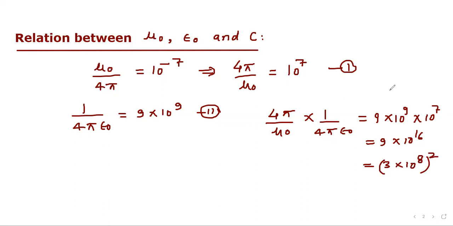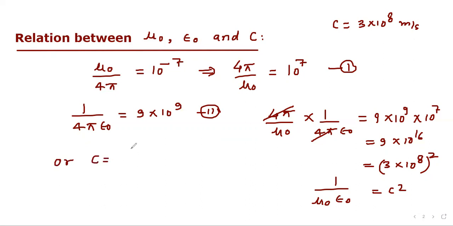And if you remember, speed of light c equal to 3 into 10 power 8 meter per second. So here it is equal to c square. And here 4 pi will cancel out. So we will be left with 1 upon mu naught epsilon naught equal to c square, or c equal to 1 upon root of mu naught epsilon naught.